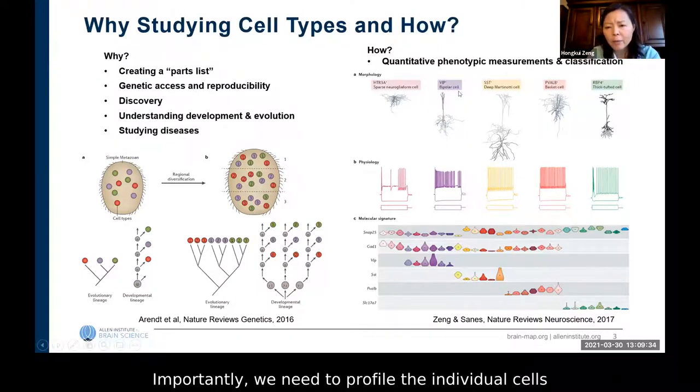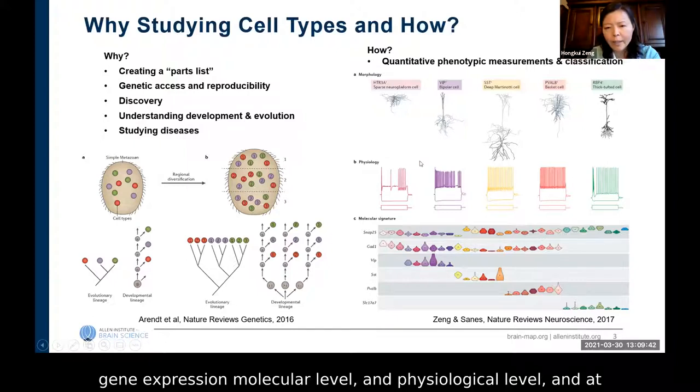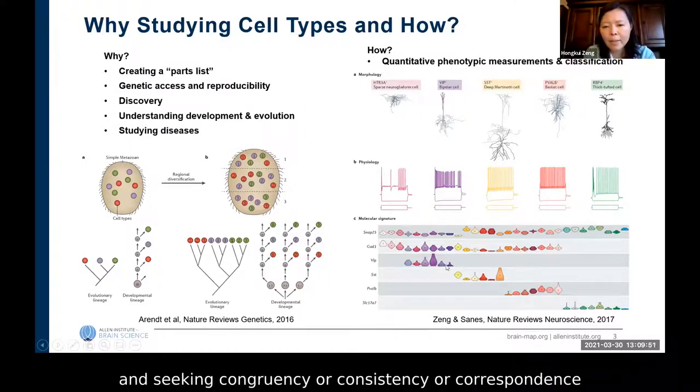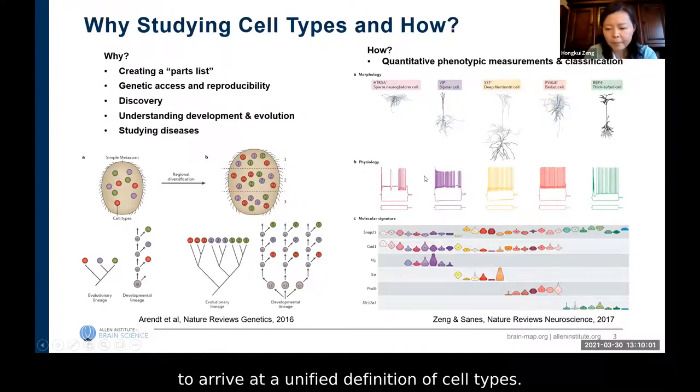Importantly, we need to profile the individual cells at different phenotypic levels. For example, at the gene expression molecular level, at the physiological level, and at the morphological and connectional level, and seek congruency or consistency or correspondence among those different properties in order to arrive at a unified definition of cell types.